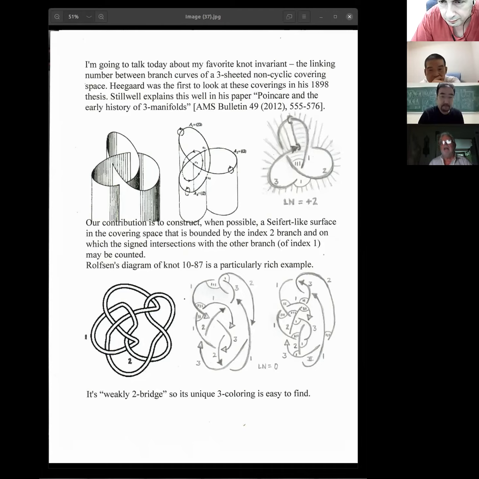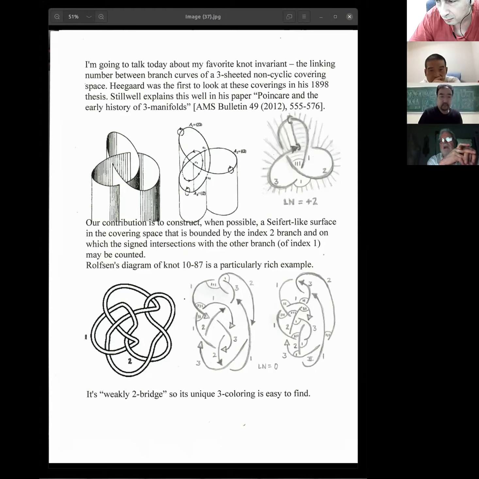And when you do that, you get what Heegaard got in his 1899 thesis, which was a perfectly explicit cellular decomposition depiction of a covering space of a knot.